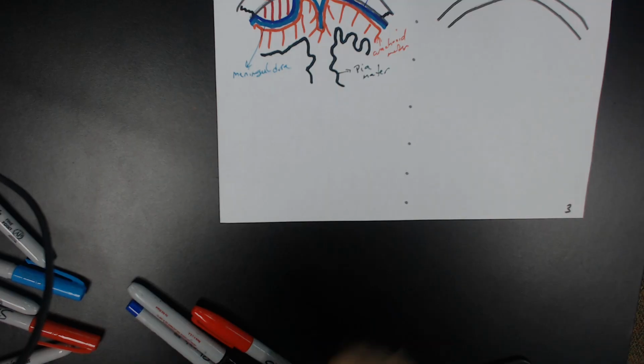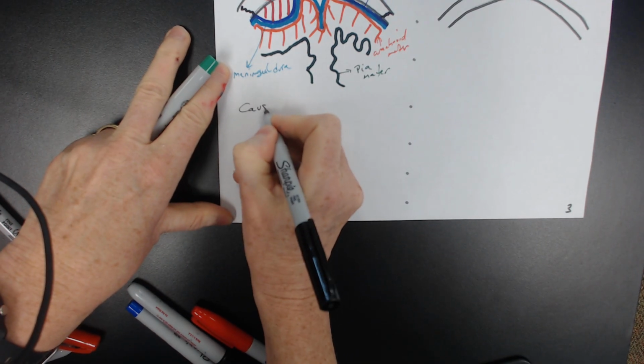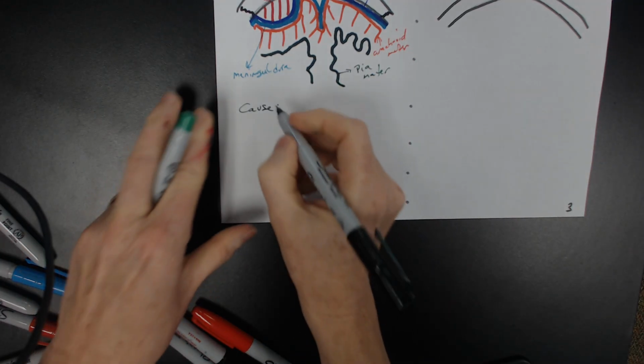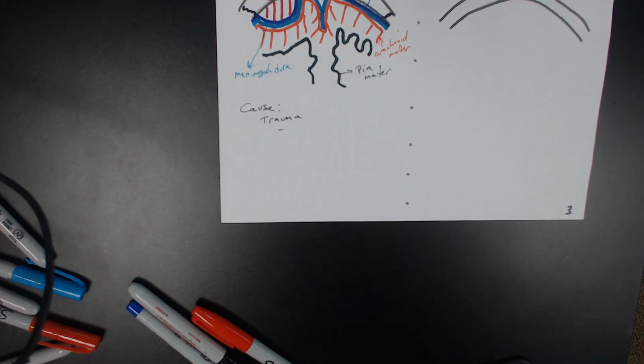Let's talk about causes. The cause for an epidural hematoma is going to be some sort of trauma, right? A hit to the head. It can have an associated skull fracture or not. But whatever that trauma is, the epidural hematoma is formed because of the rupture of meningeal arteries.